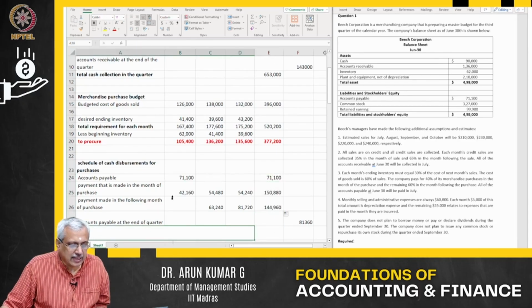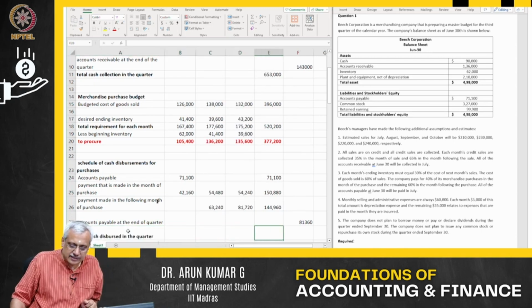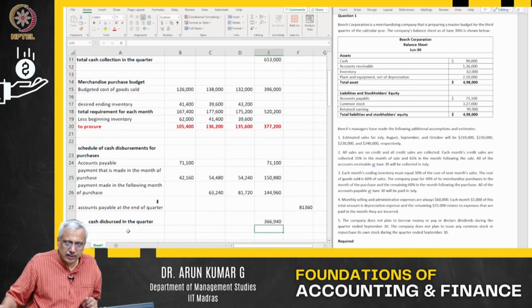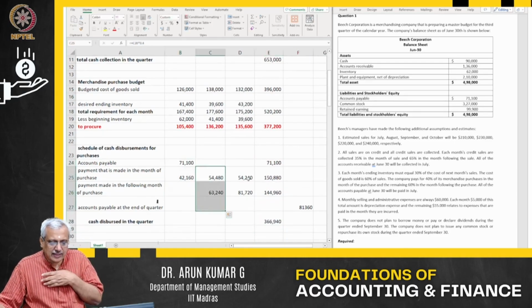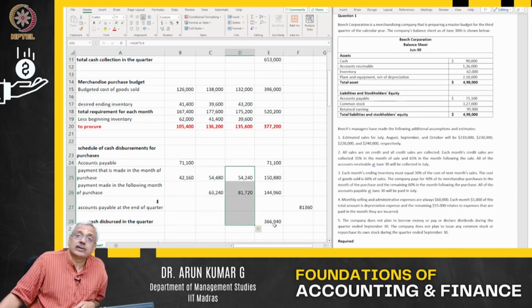The cash dispersed in the month is going to be this plus this. I want to know the cash dispersed at every month. I can just total these two. That is the cash that is going to be dispersed every month.